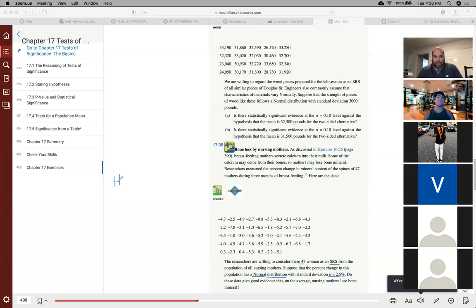So what would be the null hypothesis? What are we testing against here? And then what would be the alternative hypothesis? The null hypothesis is the thing that we're taking evidence in the hope of rejecting or not rejecting.